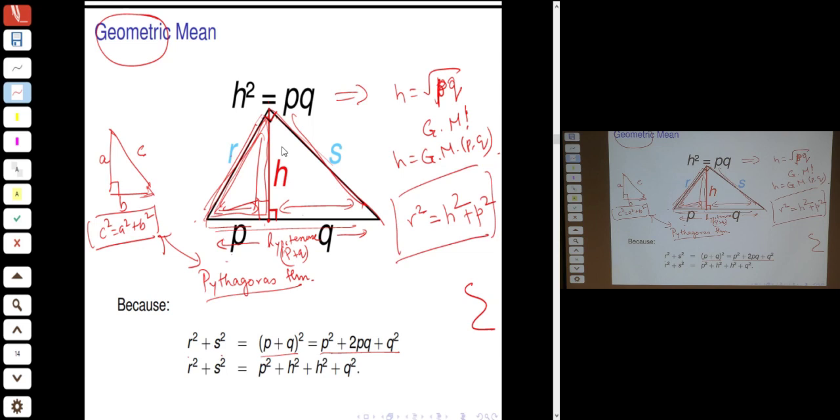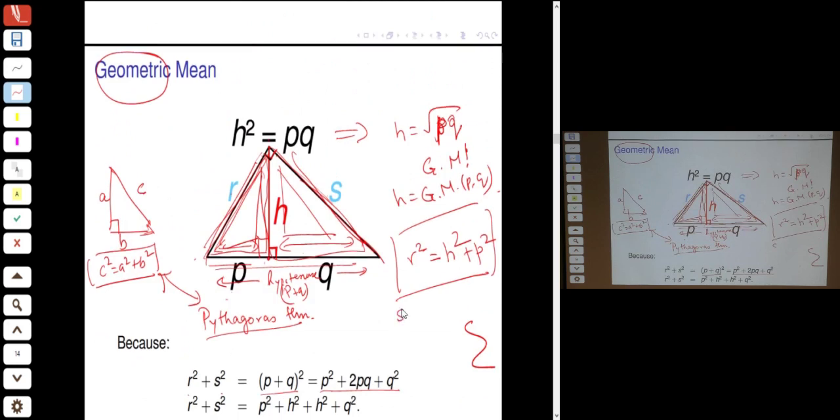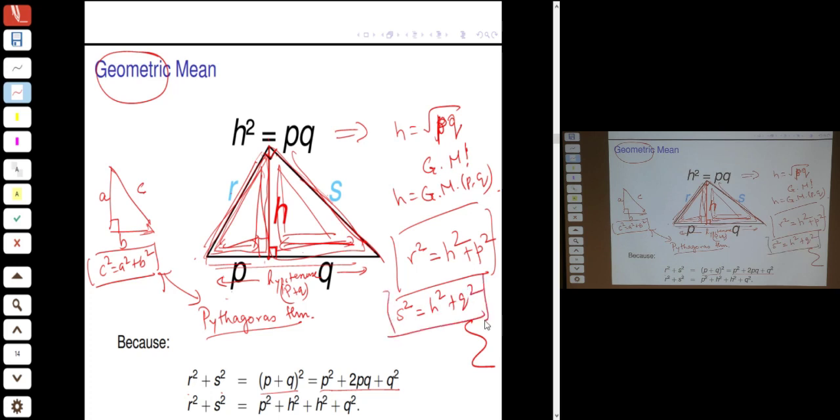Let us now take the remaining right angle triangle, which is this one, and apply the Pythagoras theorem here. So, the hypotenuse is S here. So, you have hypotenuse squared, which is S squared, equal to the sum of the squares of these 2 sides. So, h square plus q square. Okay. Clear?